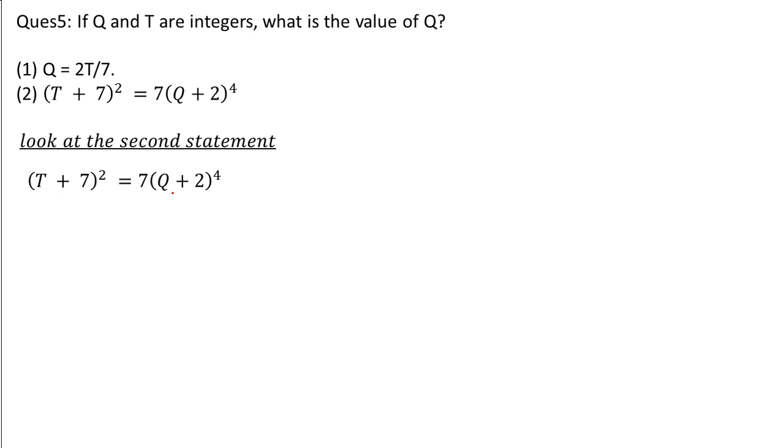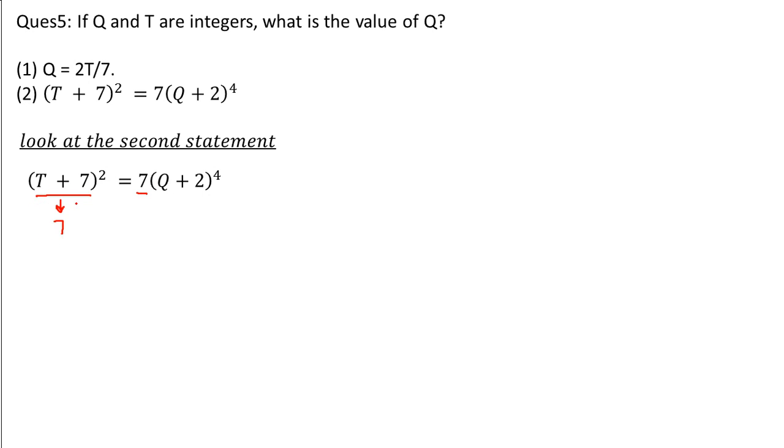Now, because these two numbers are integers and they are equal, I have a 7 lying here on the right hand side of the equal to sign. Therefore, (t plus 7) to the power 2 should have at least one 7 in it. That means it is a number of the form 7k, where k is an integer. But (t plus 7) to the power 2 would have any number raised to an even power, because (t plus 7) squared is a perfect square.